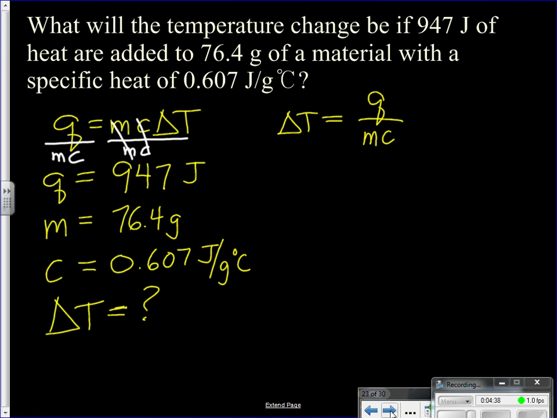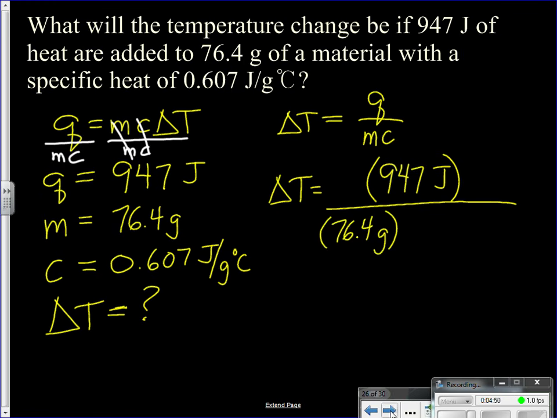And now we're ready to go ahead and plug in our values, our numbers plus their units. So we say delta T is equal to, and we put in our number for Q, then 947 joules. We put in our value for the mass and our value for the specific heat. Now we can check to see what units cancel, and we see we have joules above and below the line. They cancel.